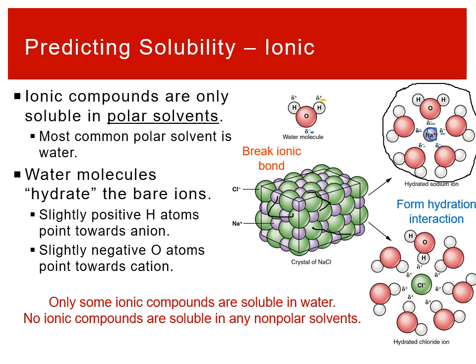So when the positive cation separates out from the negative anion, it can interact with a bunch of water molecules. And at the same time, the positive ends of other water molecules can interact with the anion. Okay, so you can interact with the opposite charges.